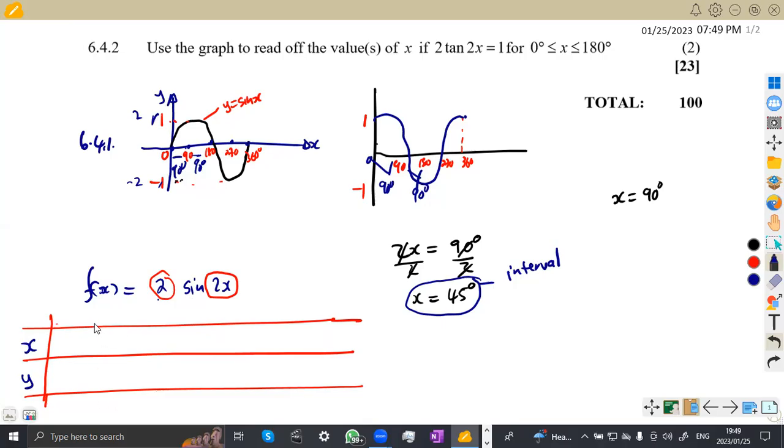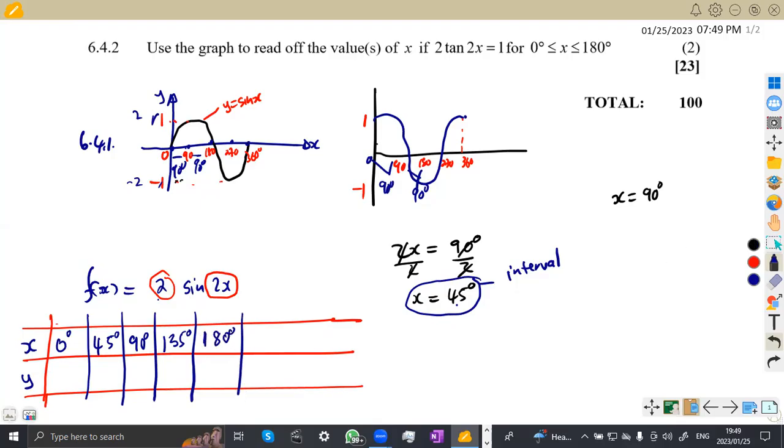Now we have an interval of 45 degrees. So this is going to be 0 degrees, 45 degrees. If we add 45, that's 90 degrees. If we add 45, that is 135 degrees, and so on. If we add 45 degrees to 135, that is 180 degrees.